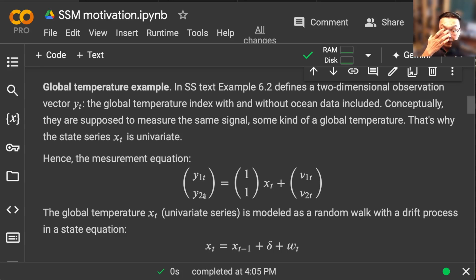And even the concept of the Earth's temperature is actually tricky, right? Because Earth is a pretty big body. It's like 6,000 kilometers in radius. So when we say the temperature, how do you get an average temperature? There's no easy way of just saying, okay, what's the average temperature?